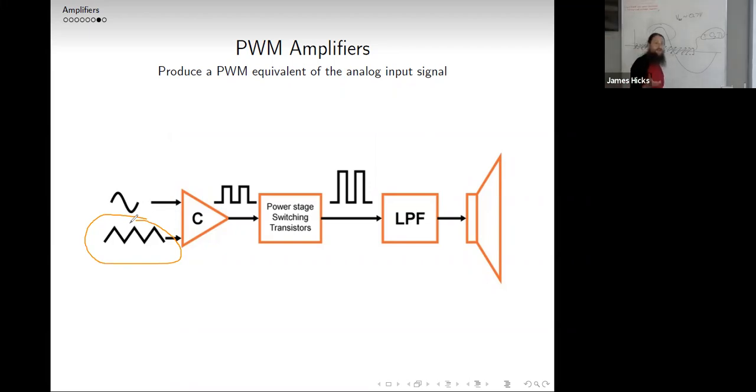And what that leaves you is the original analog signal. I think that's a really cool trick. You mix a low frequency with a higher frequency, amplify that weird digitized signal, and then you just filter out all of the high frequency stuff. What's left is your amplified analog input.